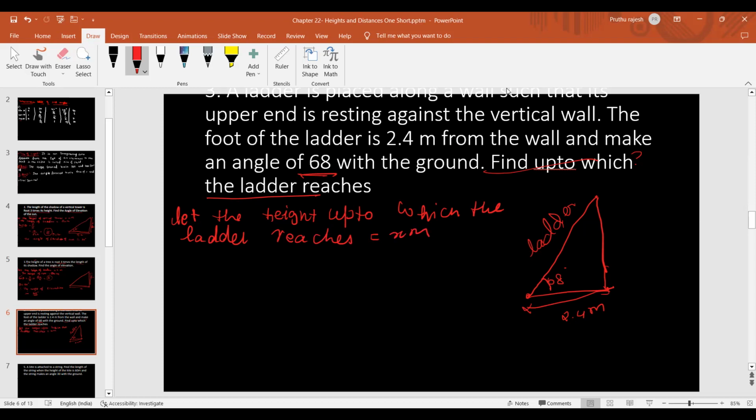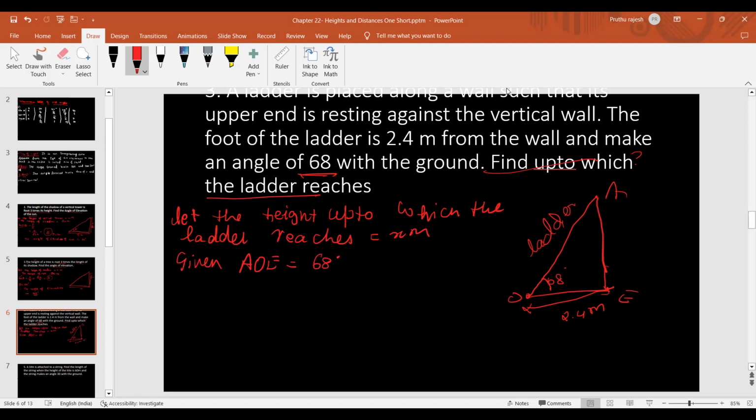Now, given angle AOE, this angle AOE is equal to 68 degrees.